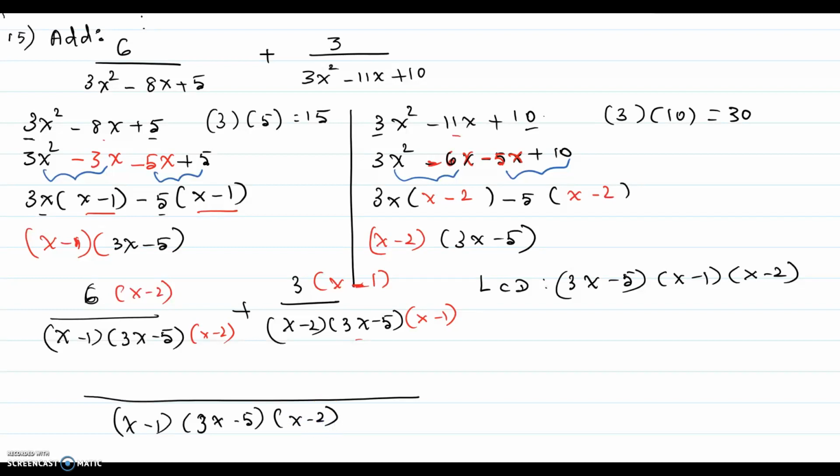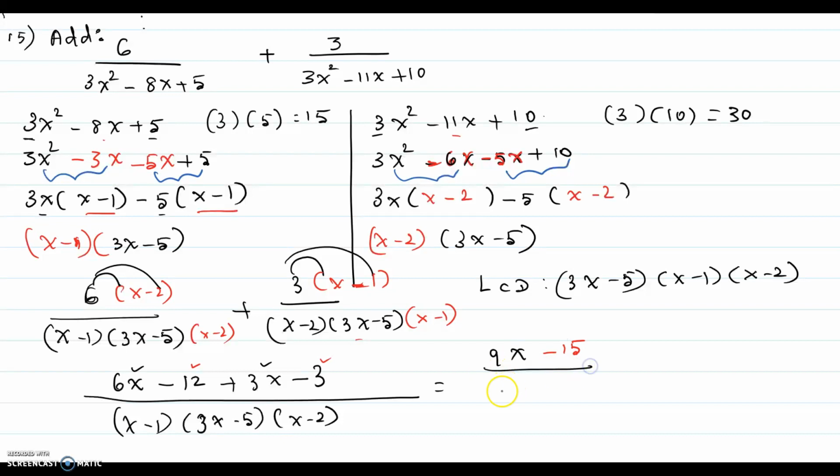Then simplify the numerator by distributing: 6x minus 12 plus 3x minus 3. This would become 6x plus 3x, they're like terms, so 9x. Then the numbers, negative 12 minus 3, that would be negative 15.